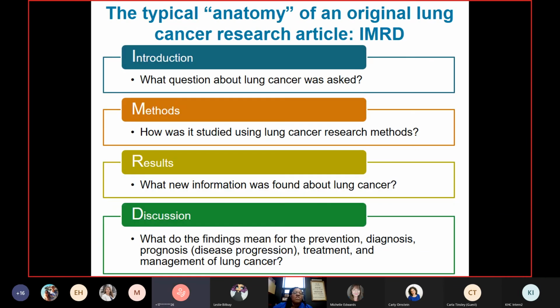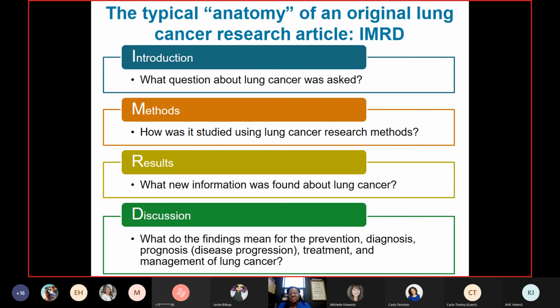Okay. So then we want to get actually to what I think of as the meat of the article, right? So there is a very similar structure for all lung cancer research articles that are original in nature, and it's IMRD. Right? So there's an introduction, and what is the introduction section?